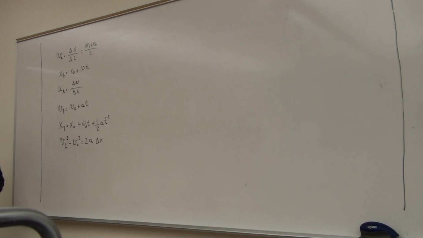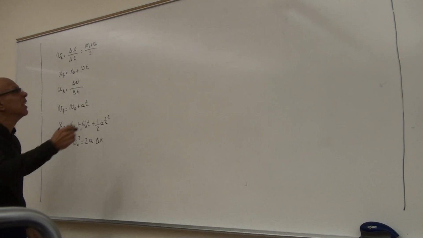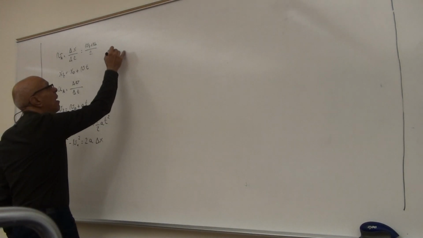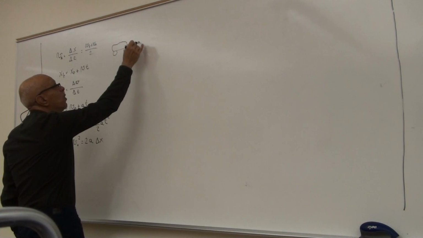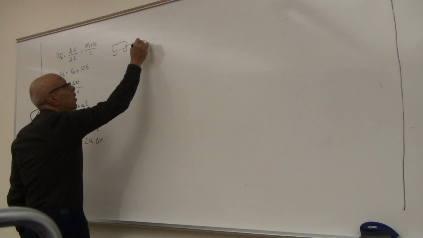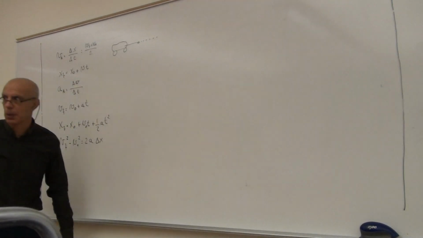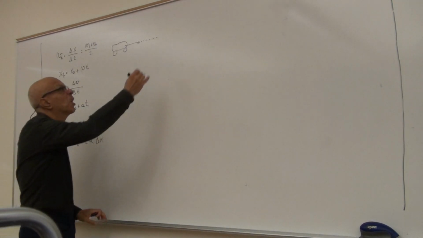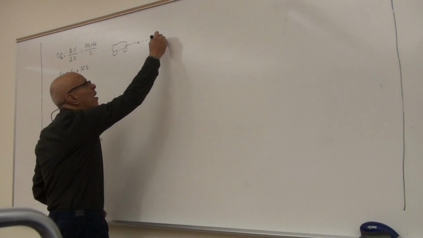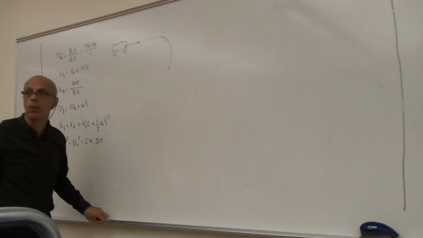Now, this is a linear motion, and let's see, I have a car here. And the car is moving on a straight line. Now, if I want the car to curve, what do I need to do?